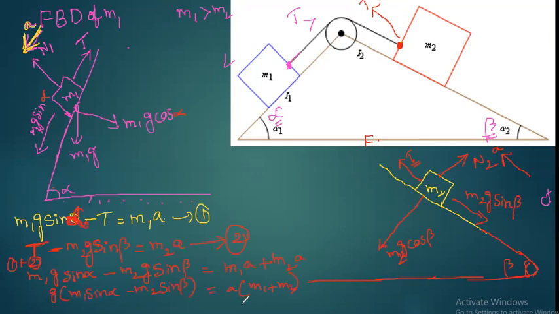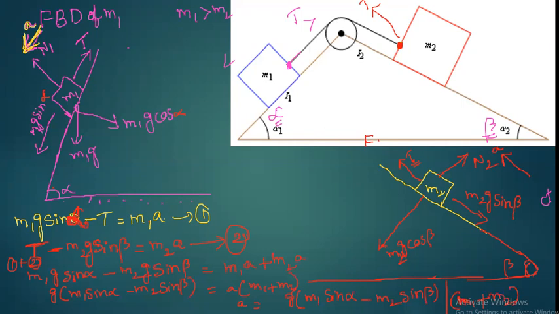So A is equal to g into m1 sin alpha minus m2 sin beta, divided by m1 plus m2. Correct? So this is our expression.